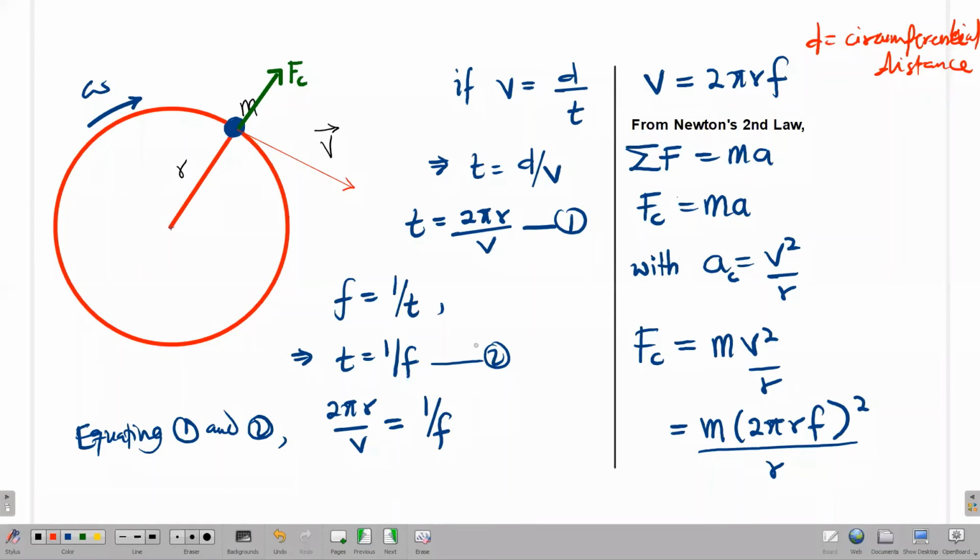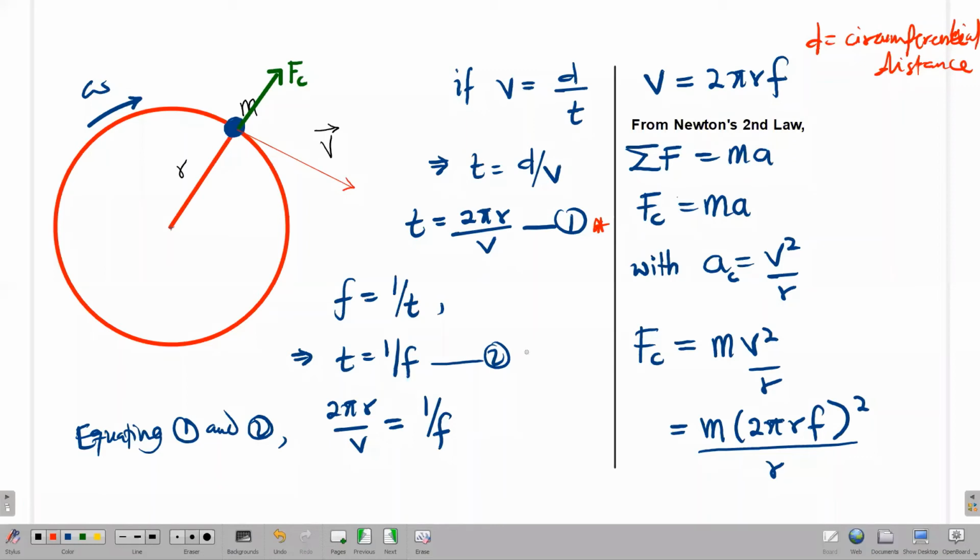Let's make that equation 1 here. Now, the frequency is 1 over the time period that it takes to complete one revolution. So we can still change that subject and make the time equal to 1 over the frequency.